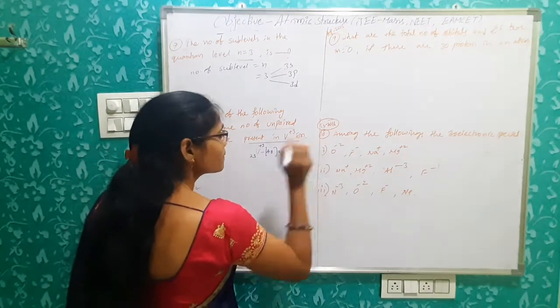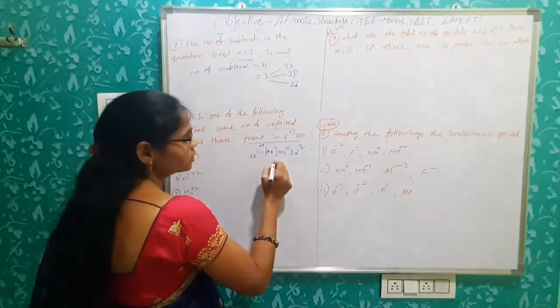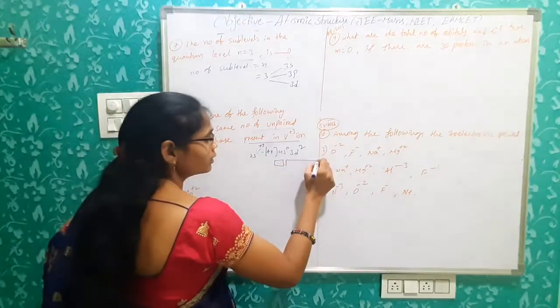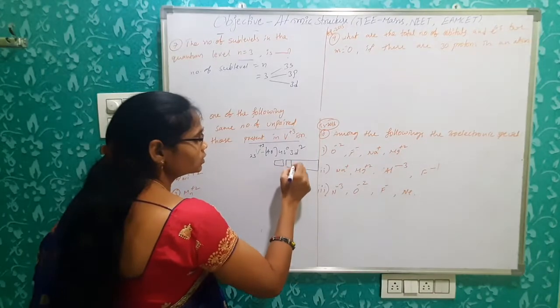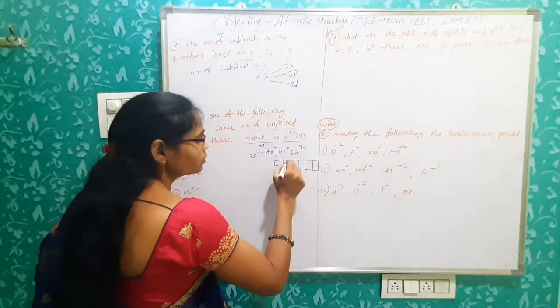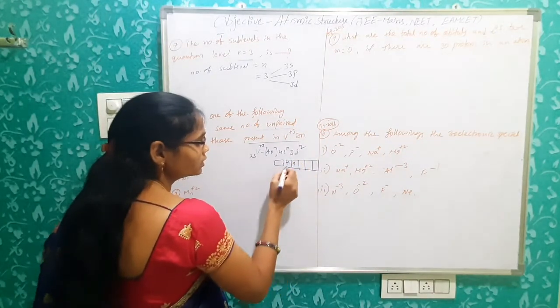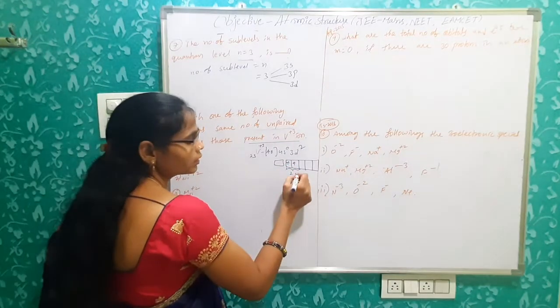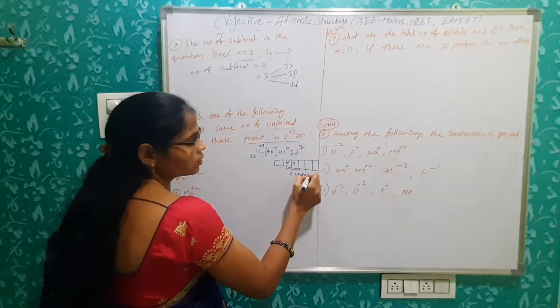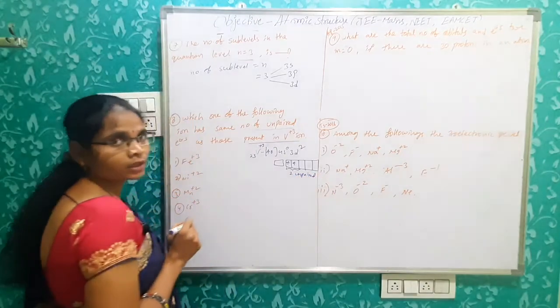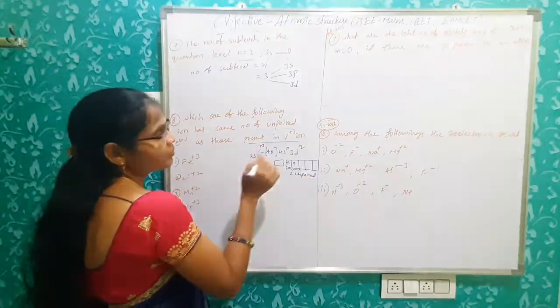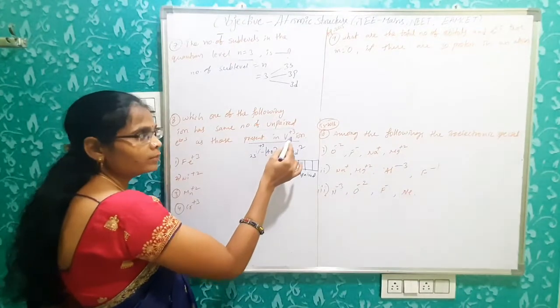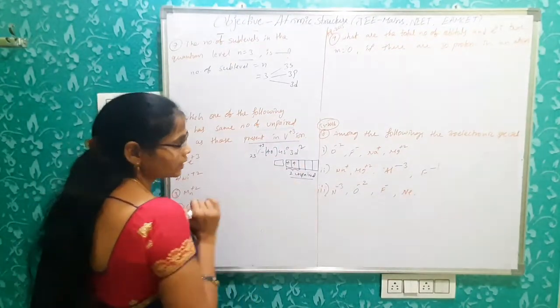So 4s is empty, and the 3d orbitals, 1, 2, 3, 4, 5 orbitals, have only 2 electrons. These 2 electrons are unpaired electrons, not pairing electrons. So vanadium plus 3 ion has 2 unpaired electrons.